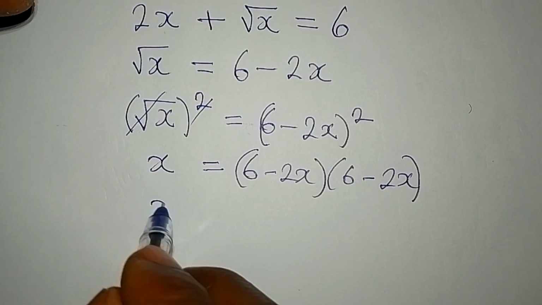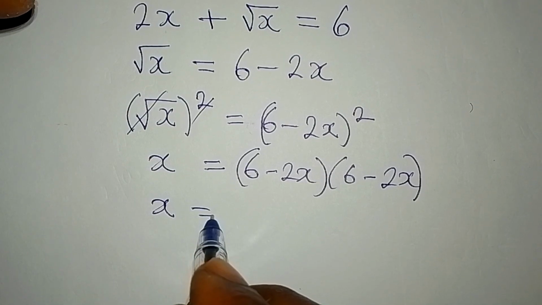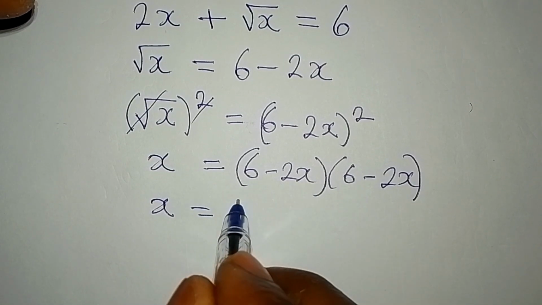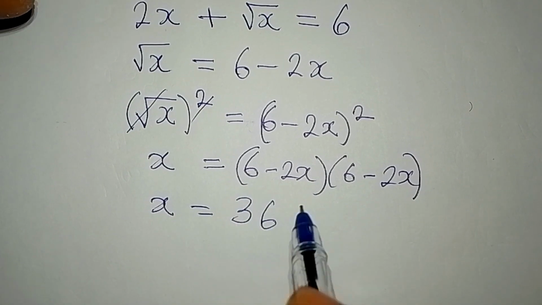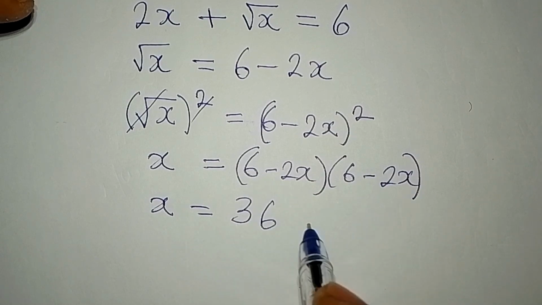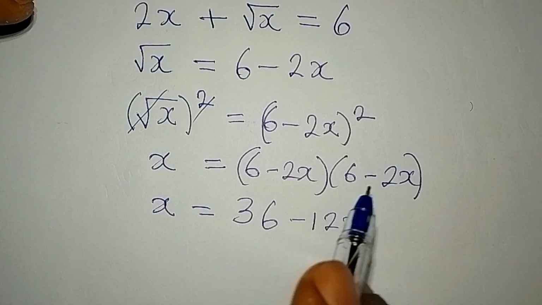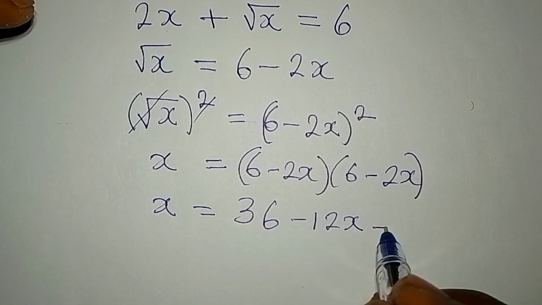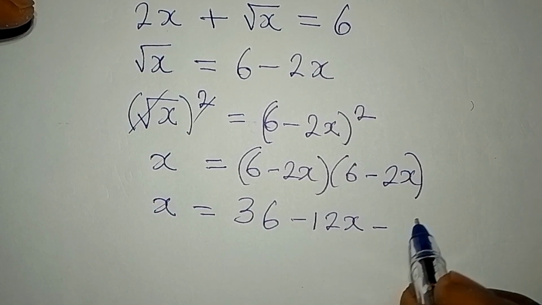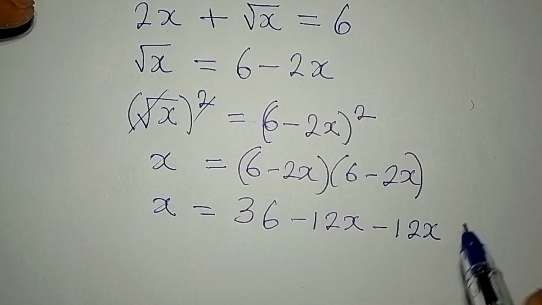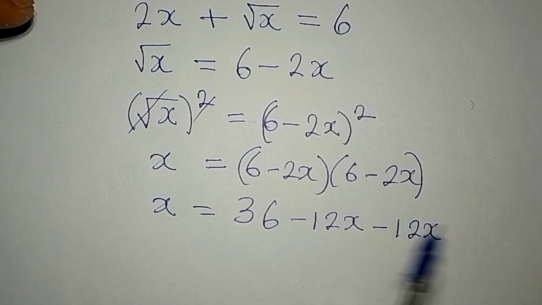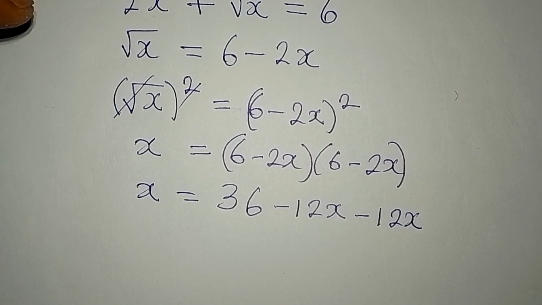Okay, so now our x is equal to 6 times 6 is 36, right? Then 6 times 2x, that will give us 12x. Then 2x times 6, that will still give us 12x, right? But this negative will reflect in both of them.